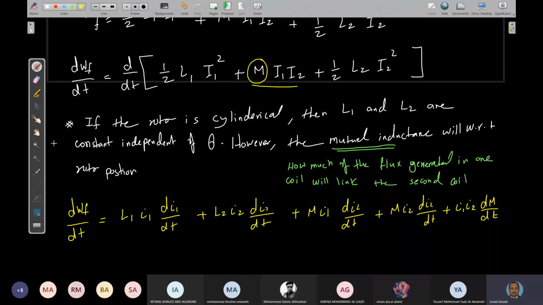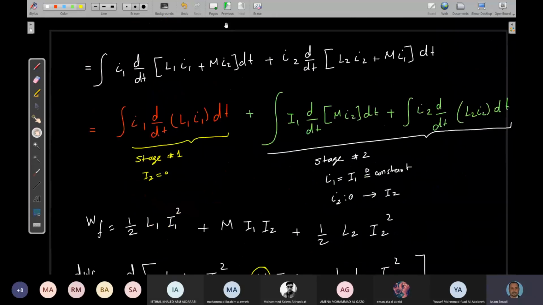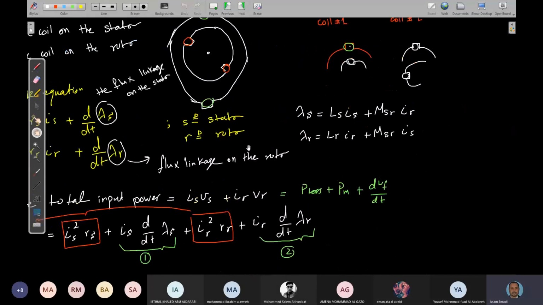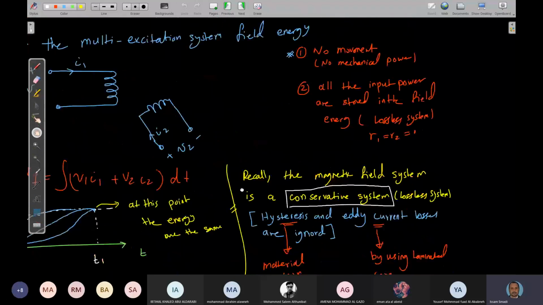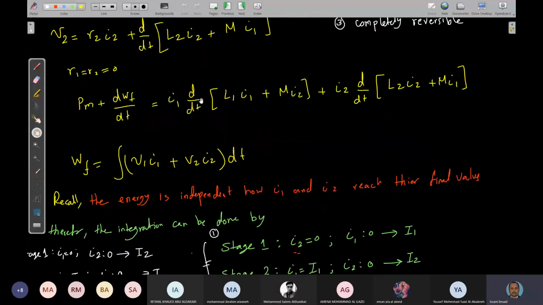If I have the rate of change, I can go back to the previous slide. Here, if I subtract from it d omega f by dt, I will get what? The mechanical power.